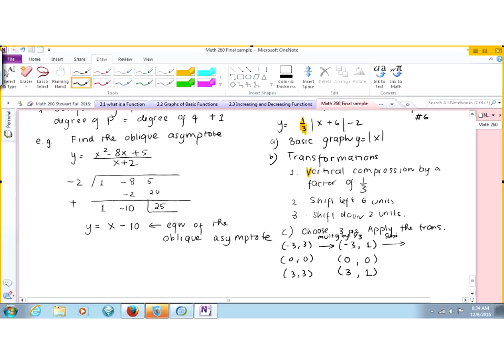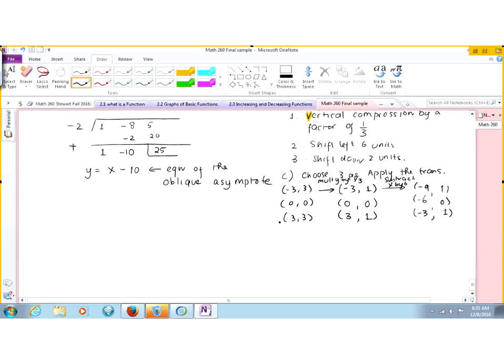Shift, yes. How do I do that? Yes, subtract x by 6. So the y stays the same. So 1, 0, 1. Okay, what about the x? -9, -6, -3.